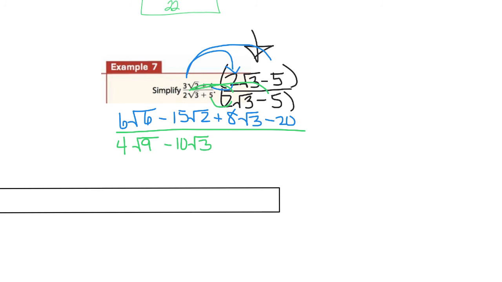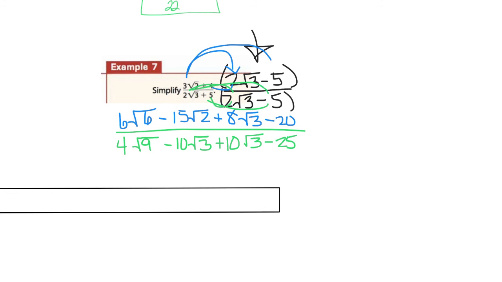Inner, I'm sorry, not 5, 10. I just wasn't even looking. Here we go. That's 10 square roots of 3. And then last, 5 times negative 5 is negative 25.